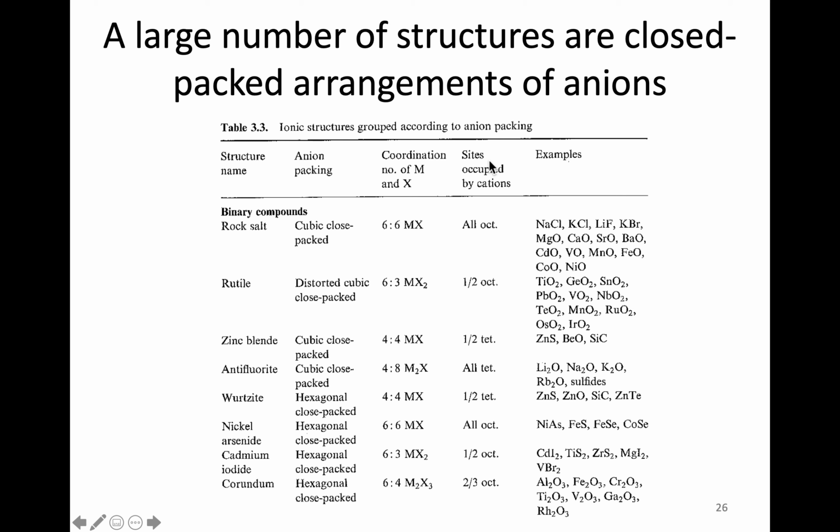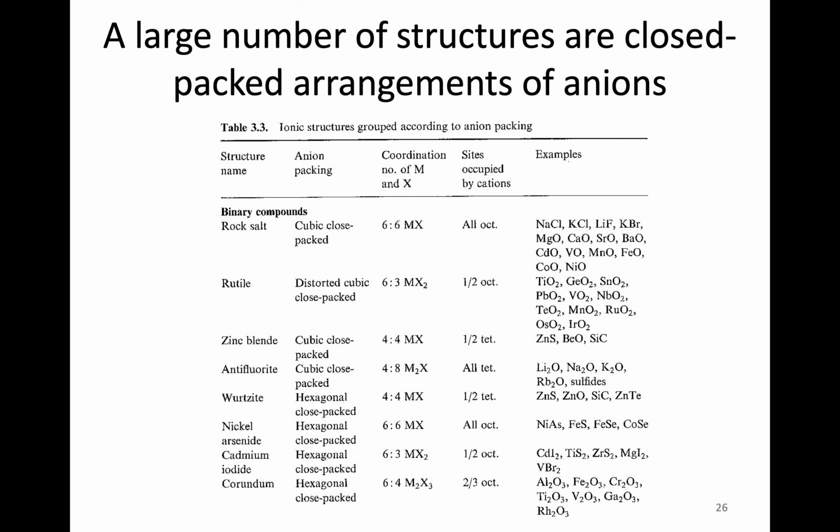This is where the cations go in that close packed arrangement. In the first example, all of the octahedral sites are filled with the cation. And then half octahedral are filled, half tetrahedral, and so forth. So you have some combination of those filled.